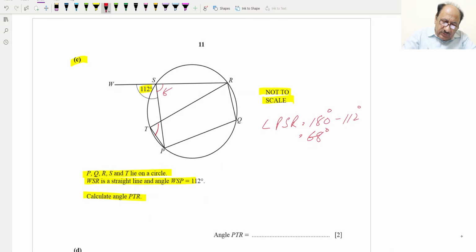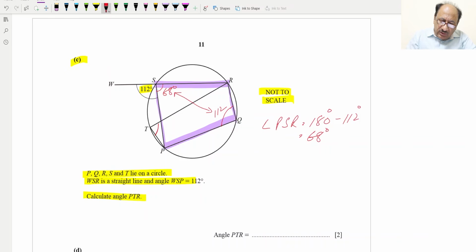Now if this is 68 degrees, and we know that this is a cyclic quadrilateral, then in this cyclic quadrilateral this is the opposite angle, and this opposite angle will be 112, because these opposite angles should add up to 180 degrees.